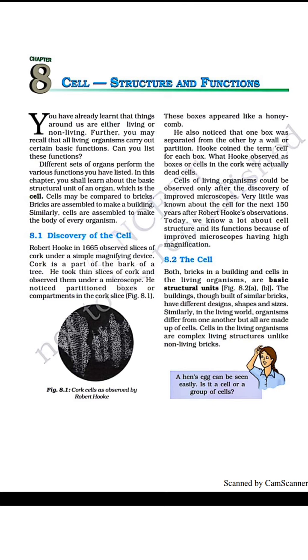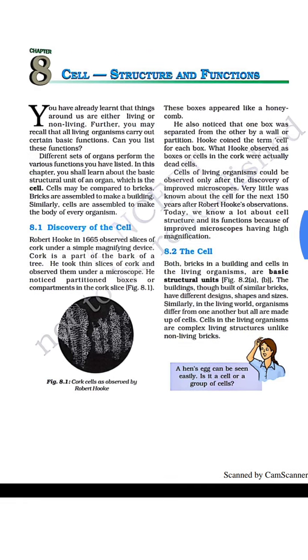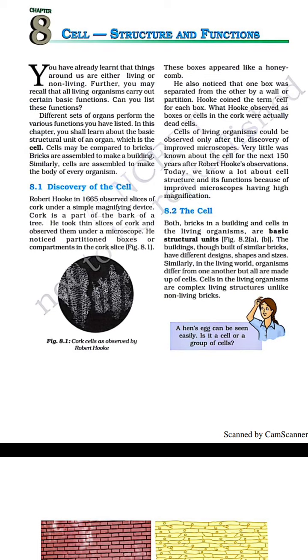He did the experiment with the help of a simple magnifying device. What this magnifying device does is allow the object to be seen in a large size, and as the size is clear, we say that we are magnifying that object. So with the simple help of the magnifying device, he was able to see the cell.